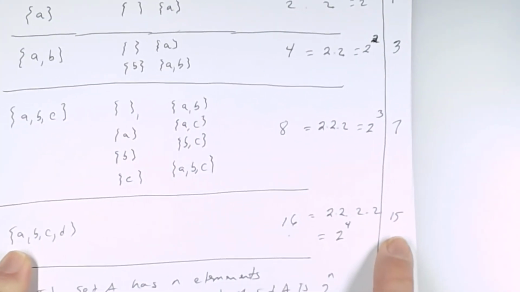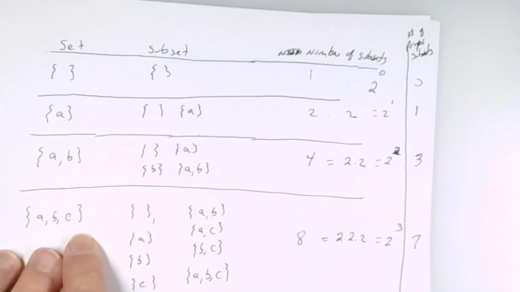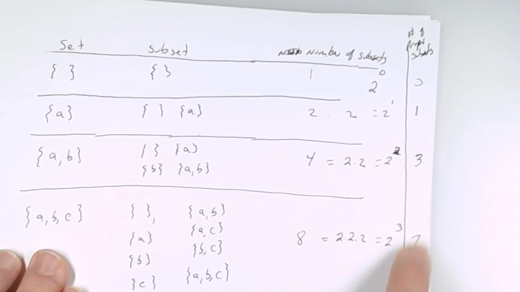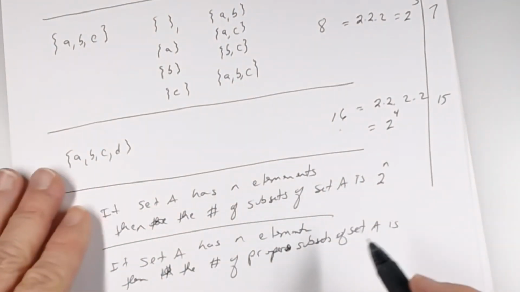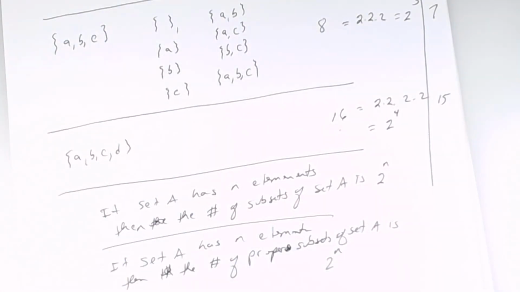We saw that it has how many? 15. This has 3 elements in it. This has 7. You're saying that's 2. They're not all 2s. What's the formula, guys? 2 to the n minus 1. Because all you're doing is taking the number of subsets and doing what to it? Subtracting 1.